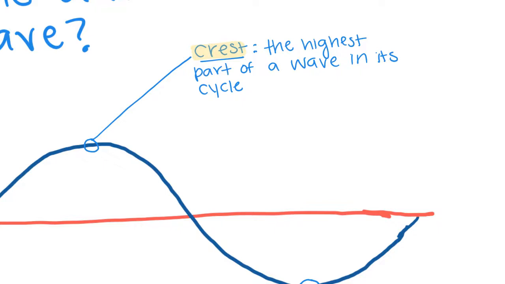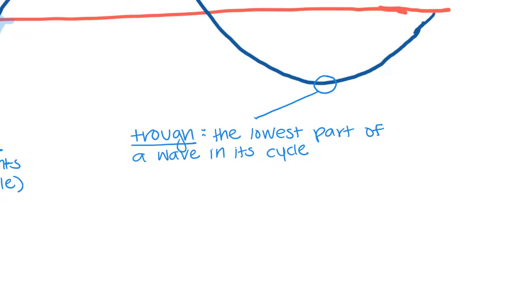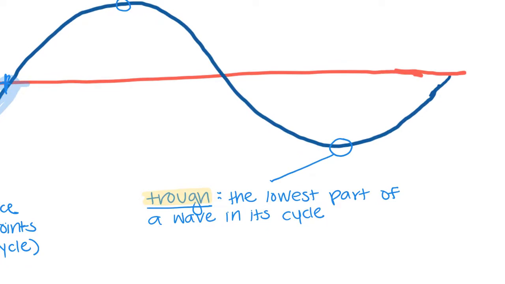That kind of gives us the idea of how high that ocean wave might get. All right. And then our trough, and I know this is a weird spelling of a word, but this is pronounced trough with kind of an F sound at the end, right? Is the lowest part of a wave in its cycle. So we got the crest and the trough kind of as two contrasting points on a wave.